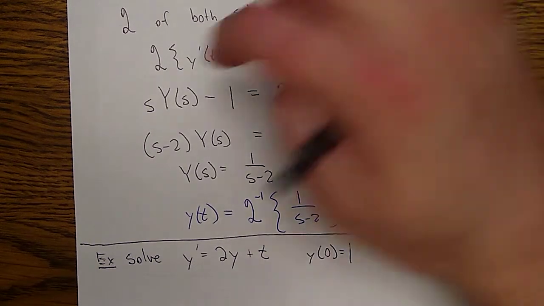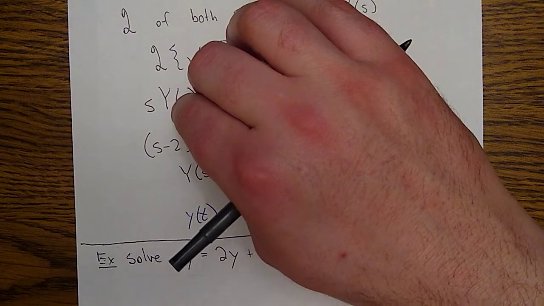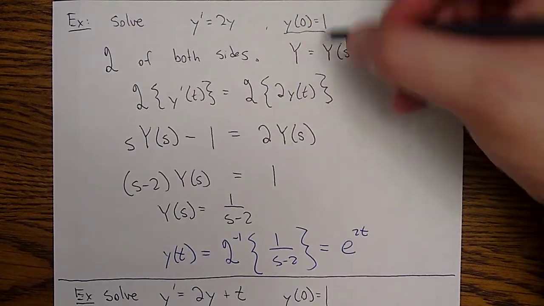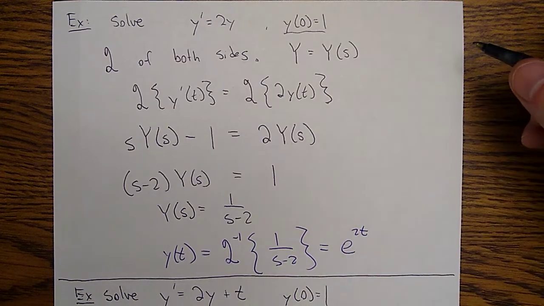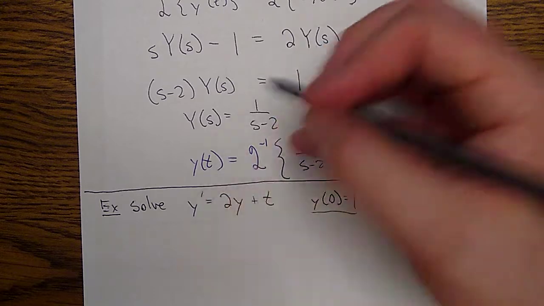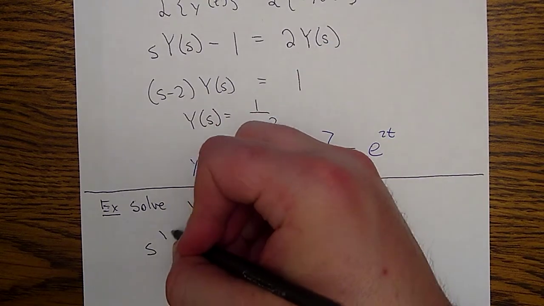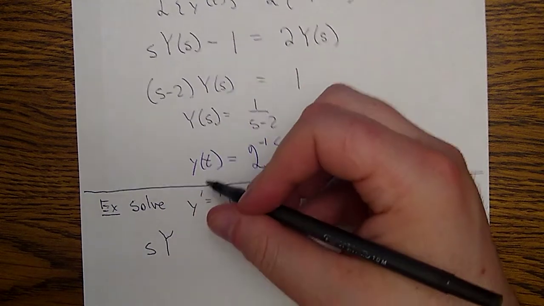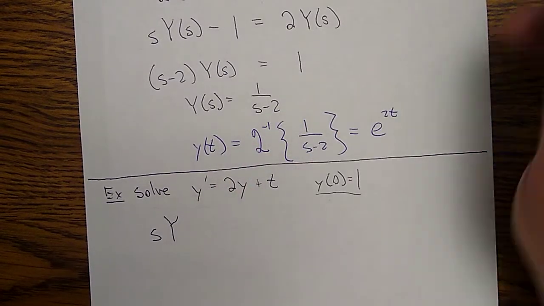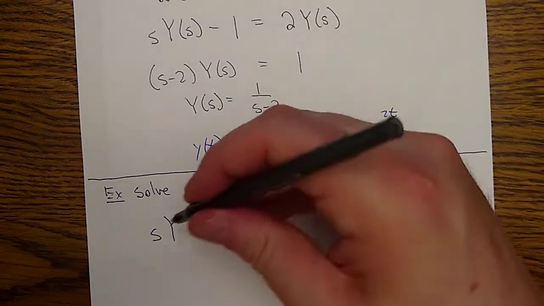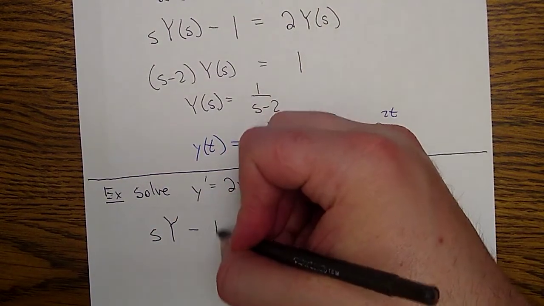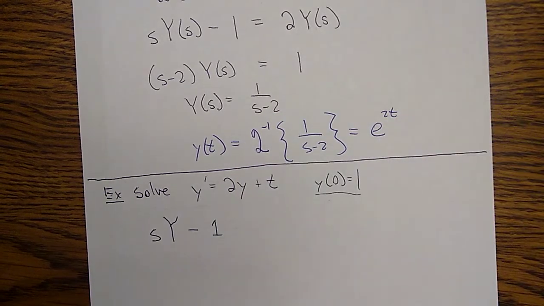On the left, everything works out the same because actually my initial condition is even the same, y of 0 equals 1. So when I do the Laplace transform of y prime, I get s times the Laplace transform of y. And like I said, this time I'm not going to bother writing y of s. It's understood that y is a function of s. So it's s times the Laplace transform of y minus y of 0, which is 1.